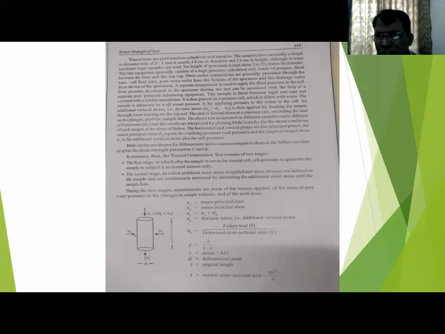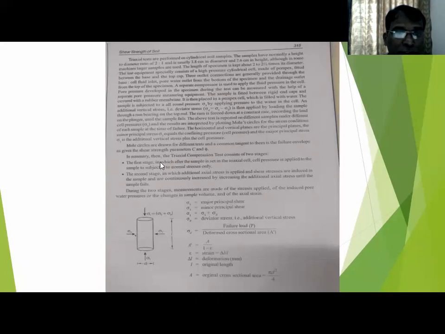Sometimes it is difficult on the graph sheet, but at least एक ऐसा स्ट्रेट लाइन ड्रॉ करो आप, which is going to touch all the three Mohr circles or four more, whatever readings you are taking. कितने रीडिंग लेंगे आप उतने Mohr सर्कल बनेंगे. एक टेंजेंट खींचो और वो जो टेंजेंट रहता उससे आप निकाल सकते C और phi. And our aim is to find the C and phi.